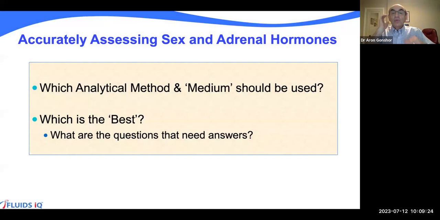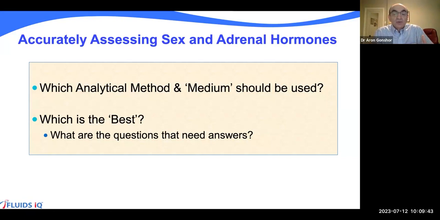And so when you're looking at that, you really need to know, how can you accurately assess, in this case, what we're going to be focusing on, which are the sex and adrenal hormones. Which analytical method, which medium should be used, which is, quote, best.